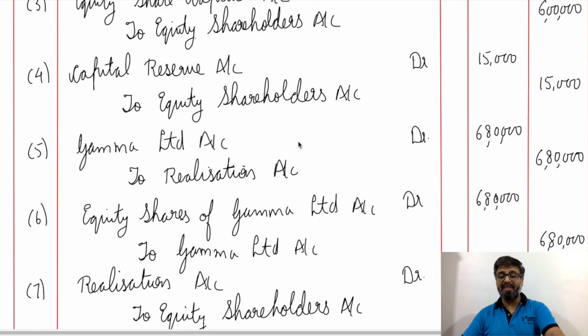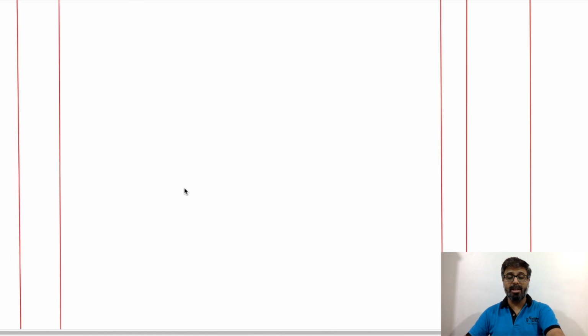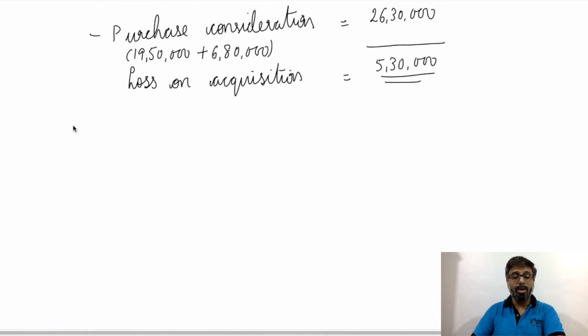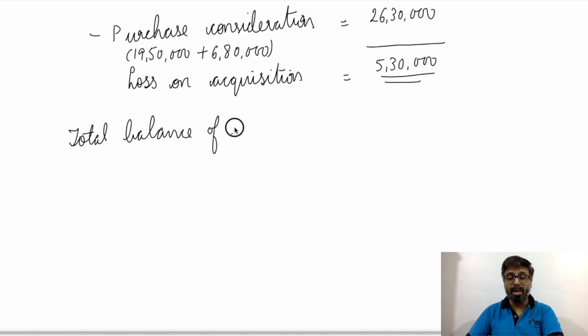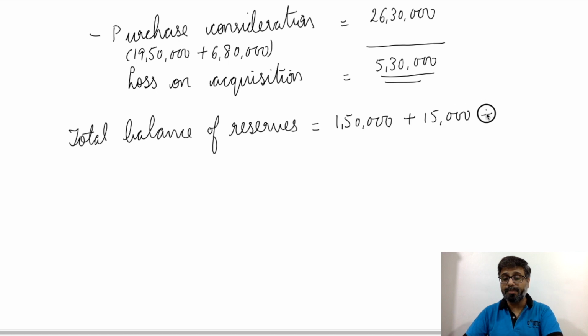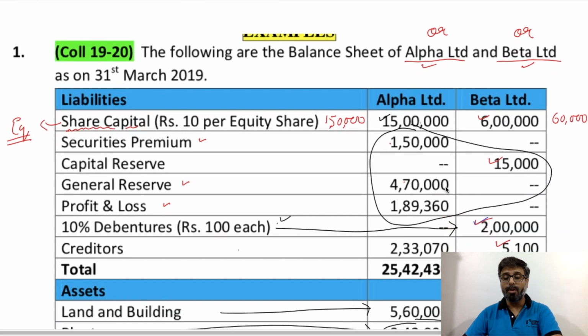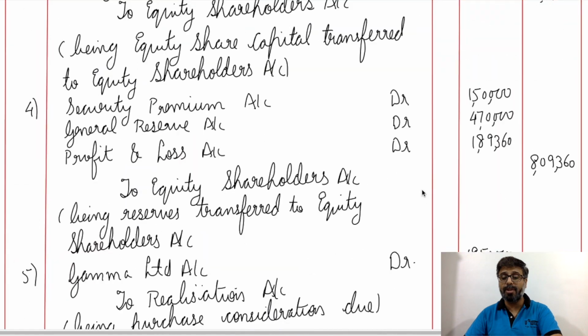Security premium 1,50,000. All of you write down in the same workings below. Total favorable balance of reserves is equal to 1,50,000 of security premium plus 15,000 of capital reserve plus 4,70,000 of general reserve.